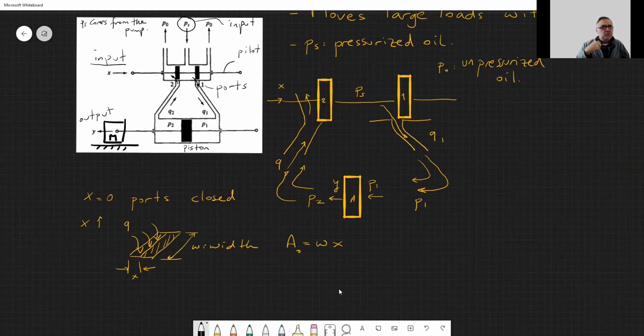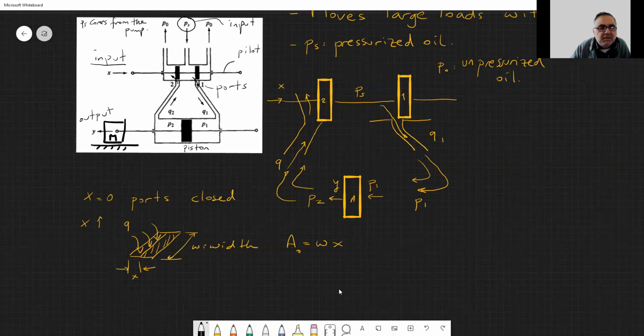What you do is you control a very high amount of fluid, very high power fluid, by a very small input X. As I have said, with the tip of your finger, you can move tons of loads.